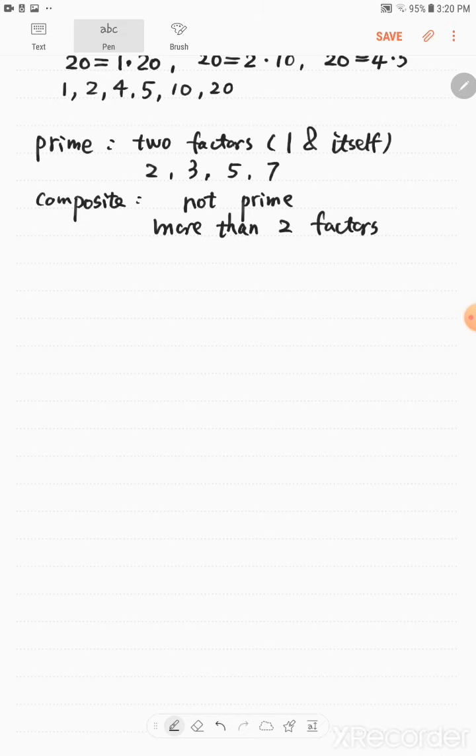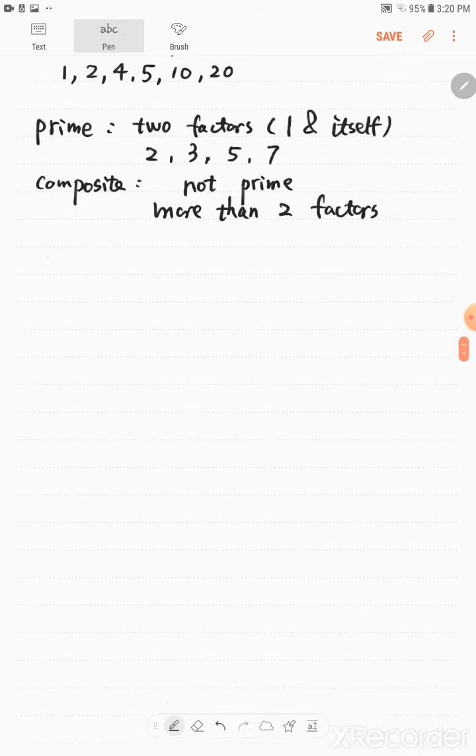Of course, I can give you some examples of composite numbers, that will be 5, 6, 8. They're just some examples of composite numbers. Let's check 4. It has 1, 2, 4, 3 factors. So it's not a prime number.